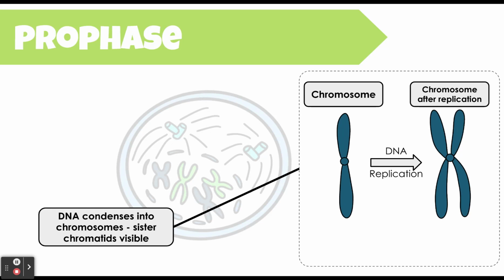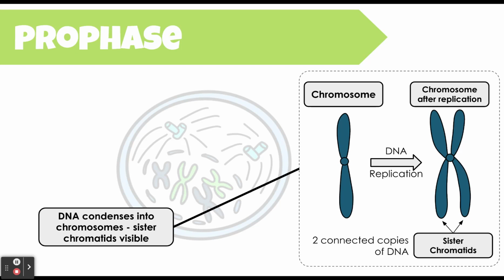To distinguish whether it's one copy of one chromosome or two copies of one chromosome, we use the terminology of sister chromatids. I really think twin would have been a better term here than sister, but sisters tell you that they're identical, they're copies of each other that are connected together.